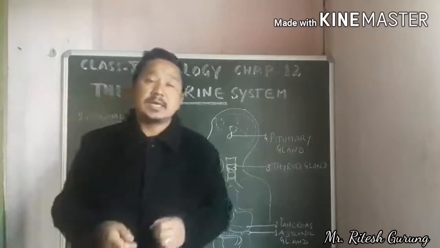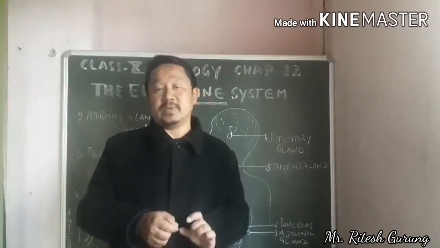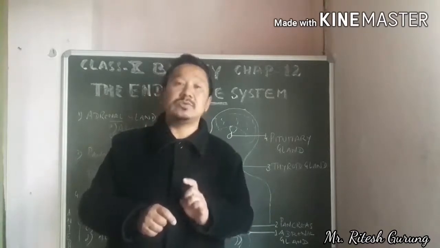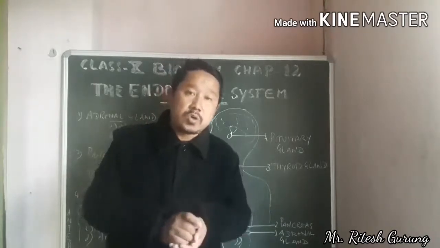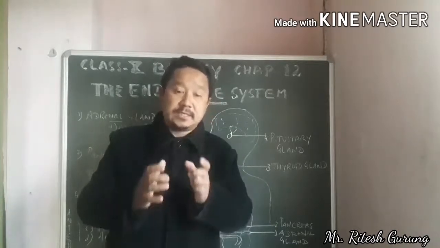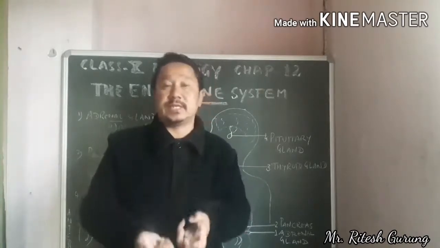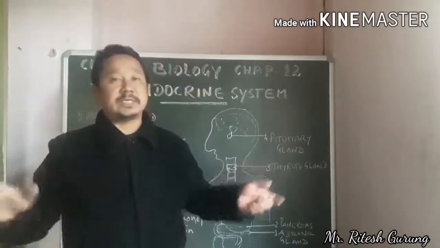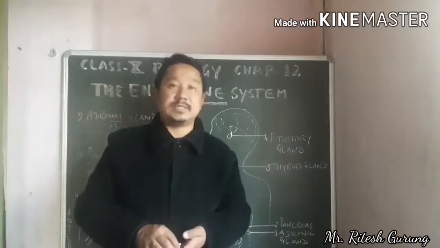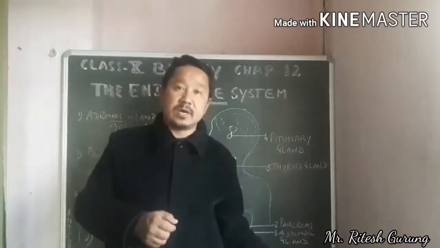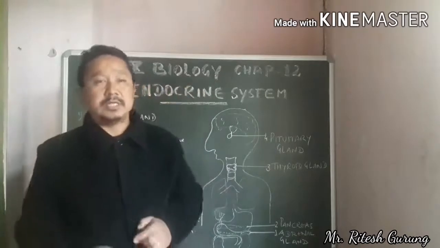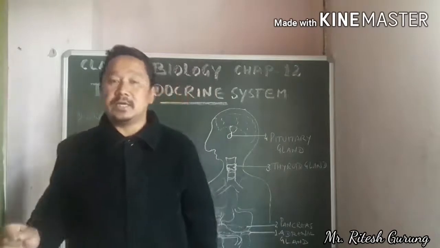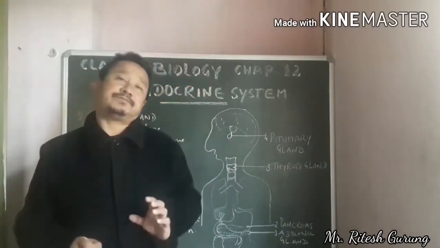An exocrine gland is a gland which has a duct, D-U-C-T, so that this exocrine gland pours its secretions into the duct. So through the duct it reaches the target places. One has a duct, the other one does not have a duct. That means an endocrine gland is a ductless gland, whereas an exocrine gland is a gland having a duct.